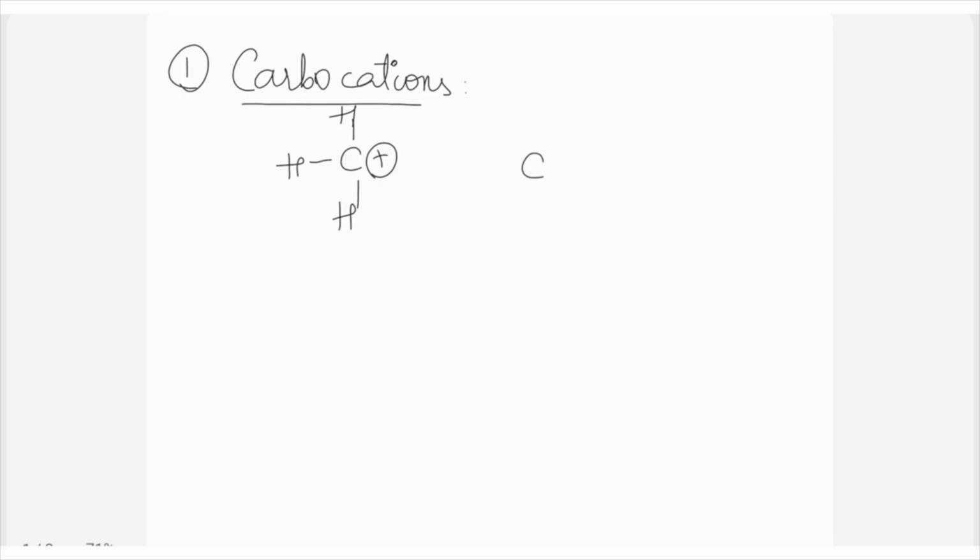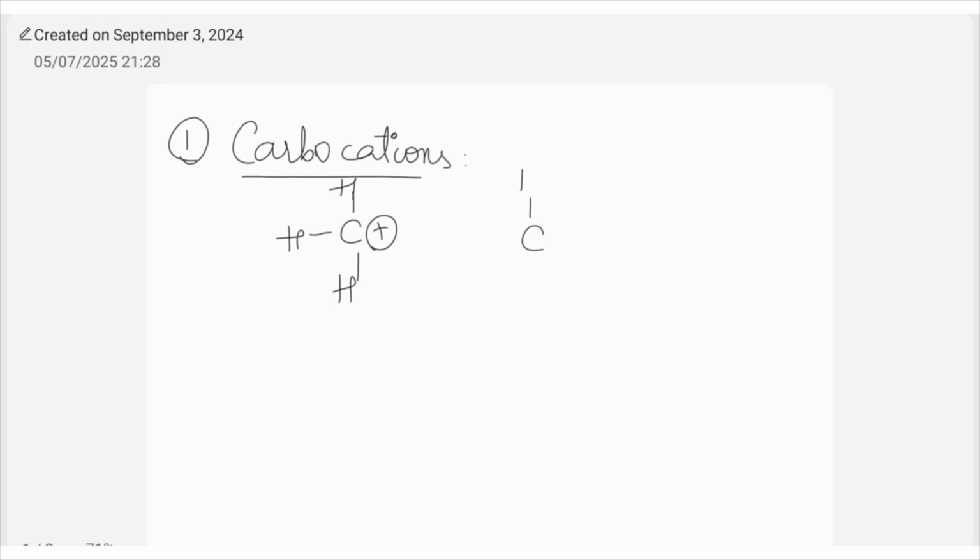If around the carbon there are 3 R groups, then its arrangement is going to be somewhat this way. So carbon with 3 R groups and a positive charge is said to be a carbocation. This is the most common intermediate that we see in many of the reactions.